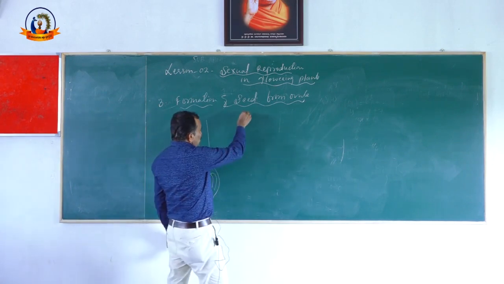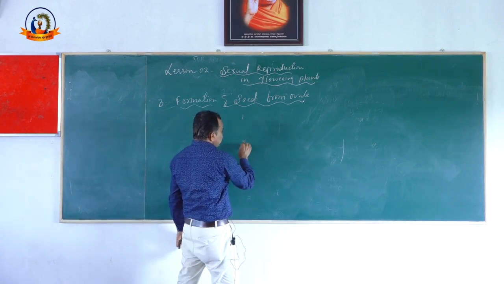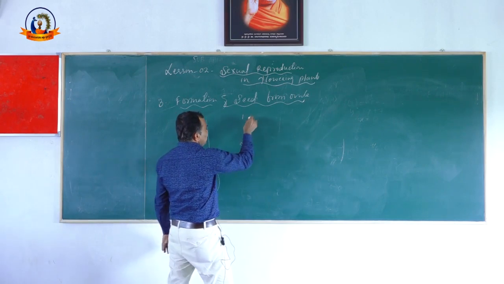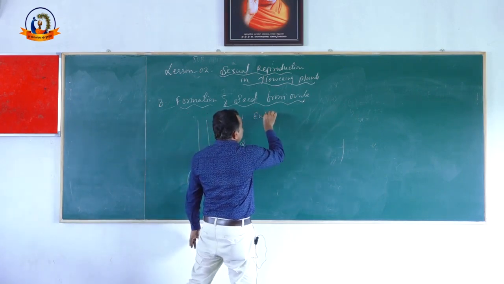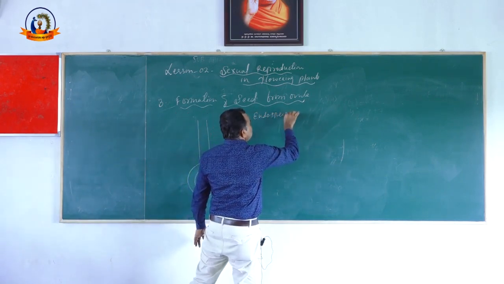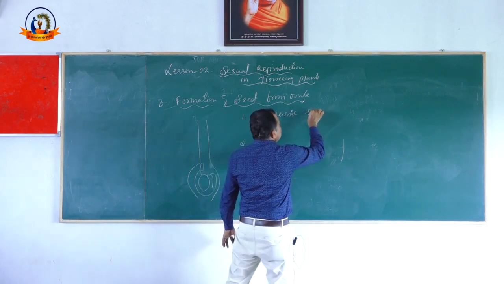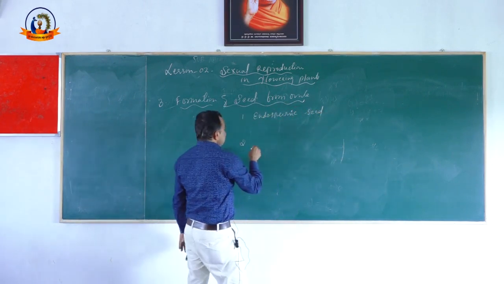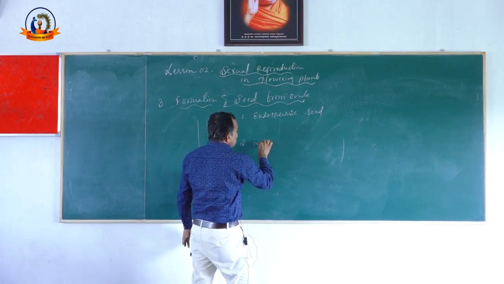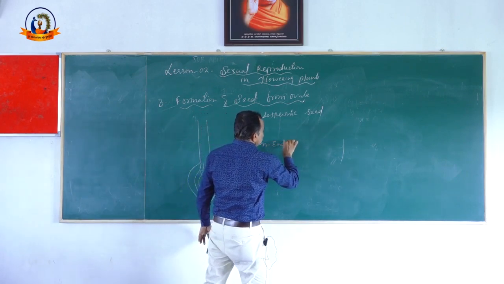There are two types of seeds. First type of seed is endospermic seed, and second type of seed is non-endospermic seed.